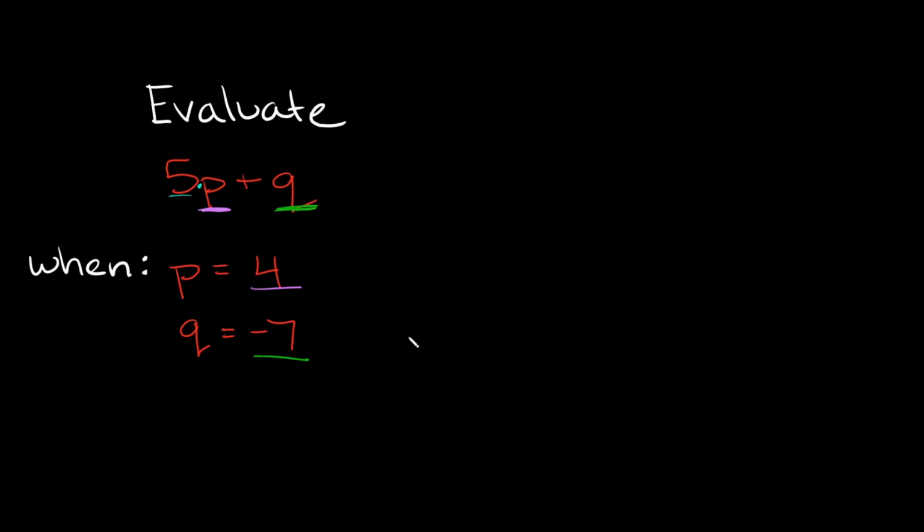So when we write our expression out, we're going to have 5 times p, and remember, p is equal to 4, right? So 4. And then plus q, but q is equal to negative 7. So plus negative 7. Okay, so we're left with 5 times 4 plus negative 7.